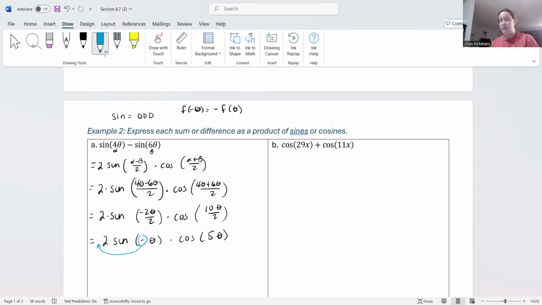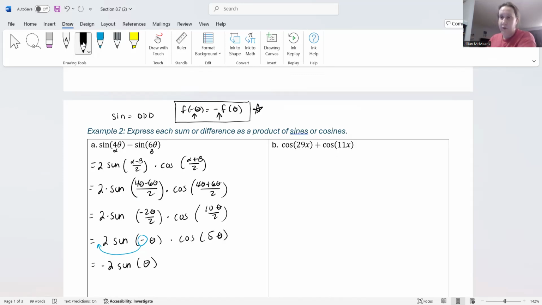I'm just acknowledging that if I have the opposite input, it gives me the opposite output, okay? So I'm going to rewrite this as negative 2 times sine of positive theta. Again, it's not like we're factoring out that negative. We're just understanding the fact that sine is odd, which means this is true. So if we have the negative input, it gives us the negative output.